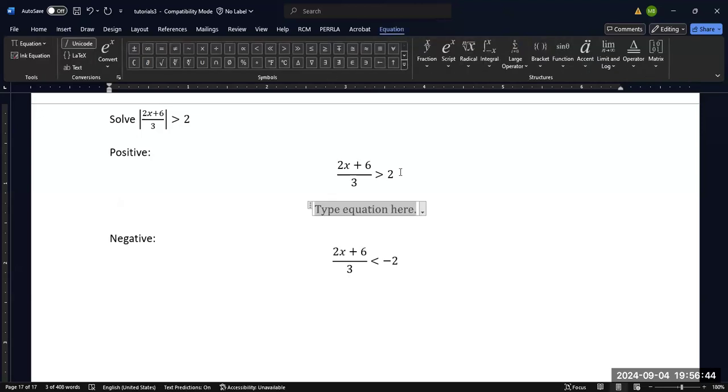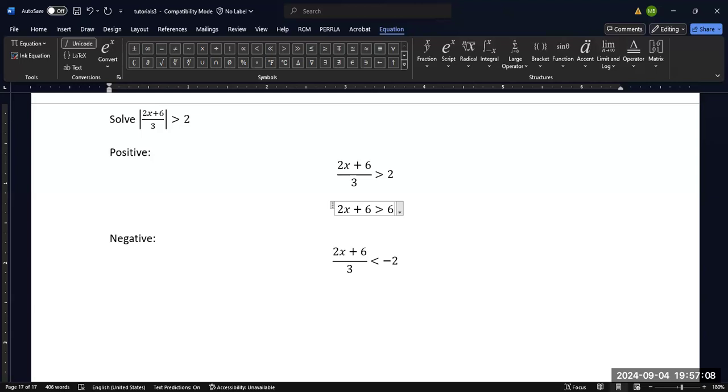In this case, I'm going to multiply both sides by 3 to get rid of the denominator. So 2x plus 6 is going to be greater than 2 times 3, which is 6. That makes total sense because I haven't changed any signs.